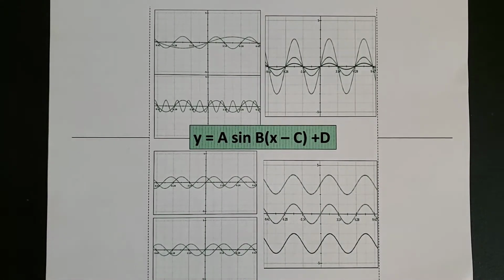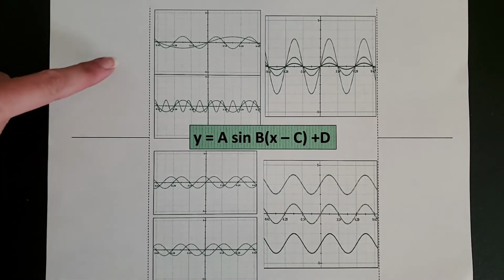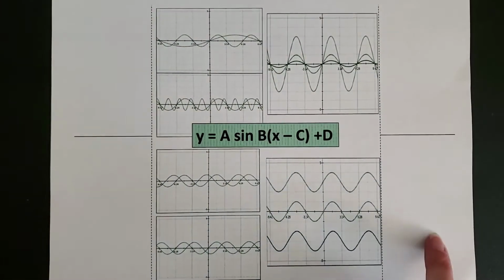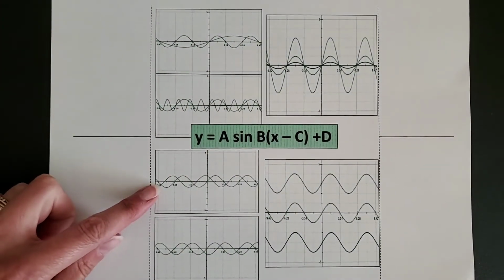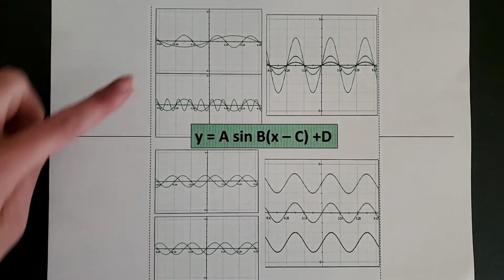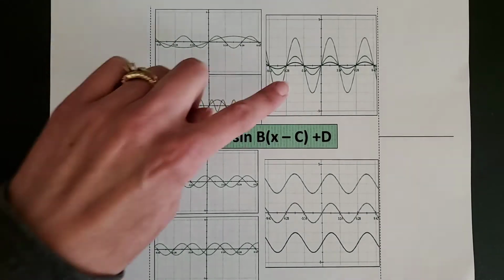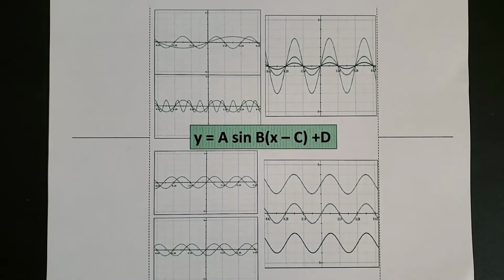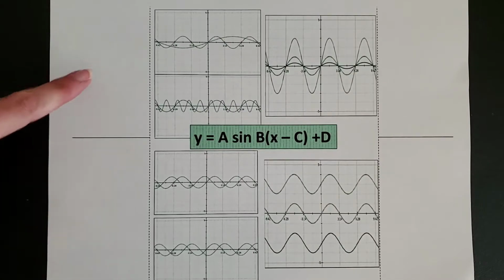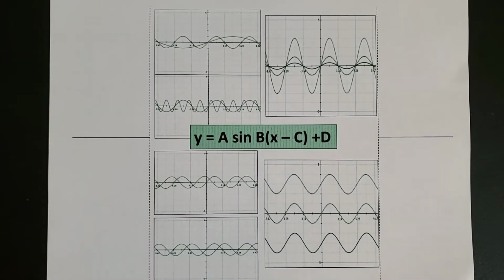So this set of notes here is just a graphic organizer, and you'll notice that there are 4 pieces, and you can see some changes in the graph for each of those from the parent function. I would just suggest pausing the video here and seeing if you can identify, is it A, B, C, or D that is being changed in each of these 4 examples?